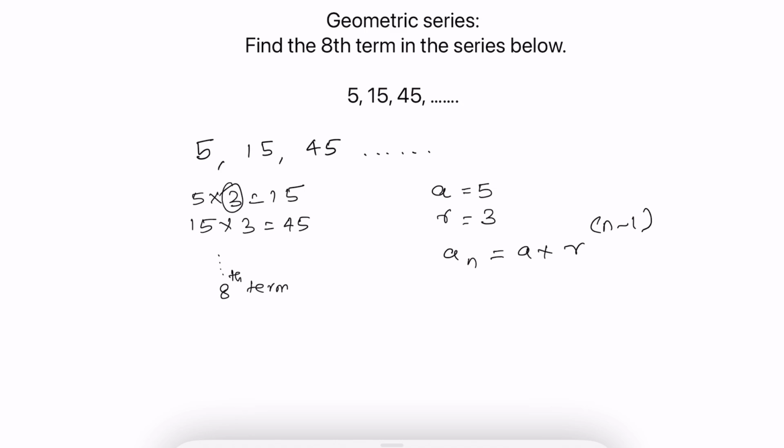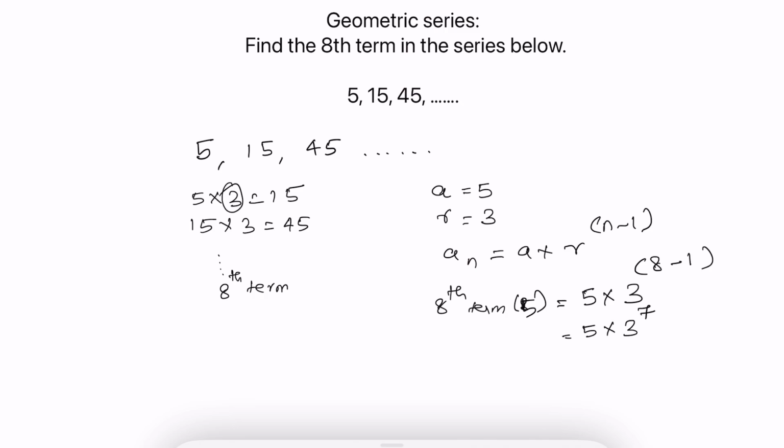In this particular scenario, the 8th term equals 5 into 3 to the power 8 minus 1, which is 5 into 3 to the power 7.